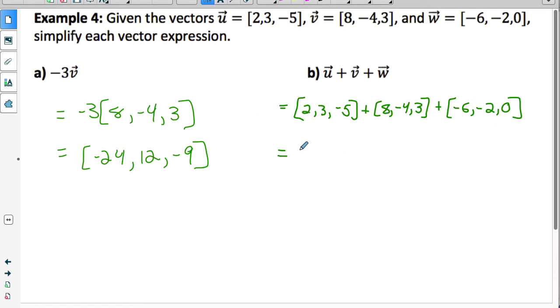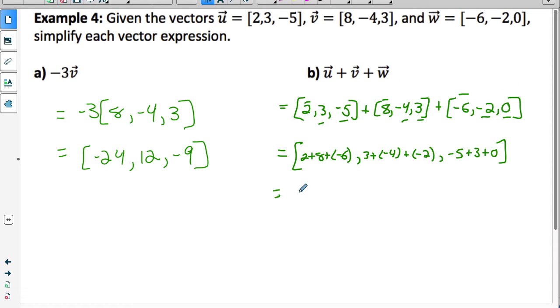When adding algebraic vectors, to get the x component, I just have to add the 3 x components of the vectors, 2, 8, and negative 6, and that will give me the x component of the resultant vector. To get the y component of the resultant vector, just add the y components of those 3 vectors, 3, negative 4, and negative 2. And to get the z component, let's just add the z components of those 3 vectors, negative 5, 3, and 0. So my resultant vector would have an x component of 4, a y component of negative 3, and a z component of negative 2.